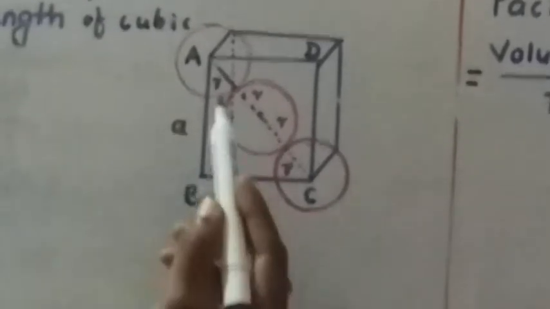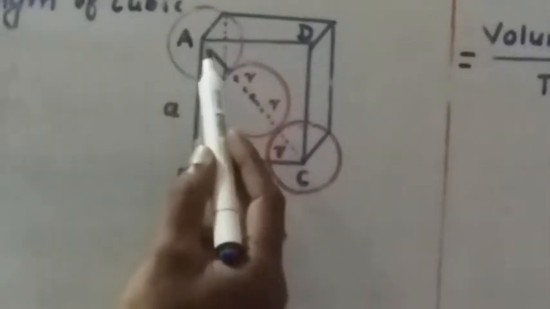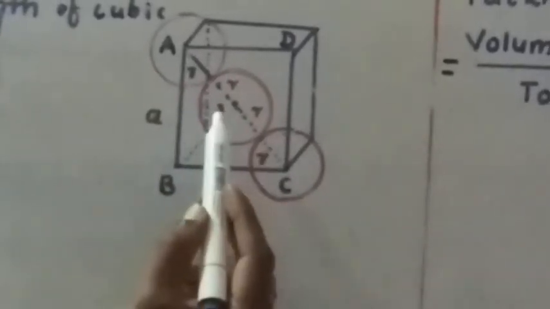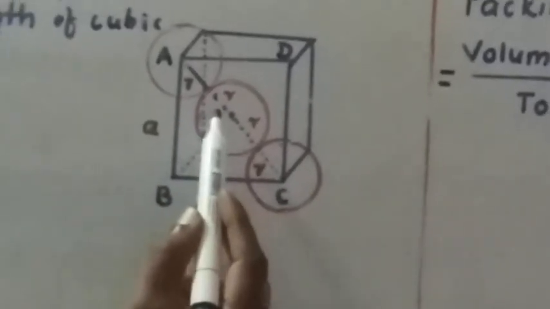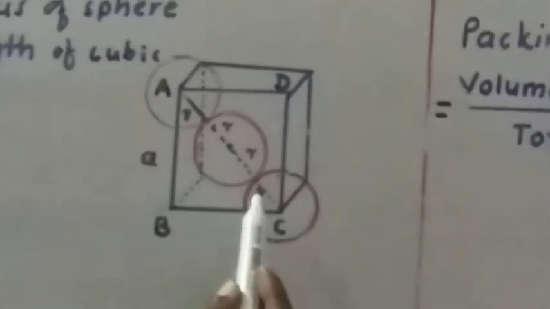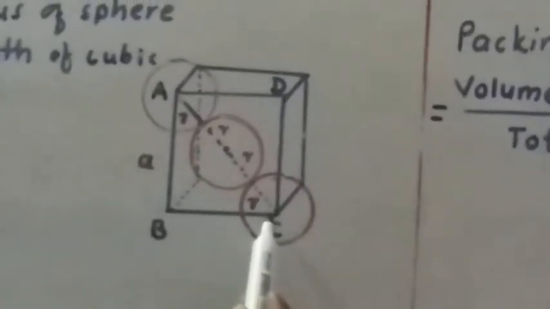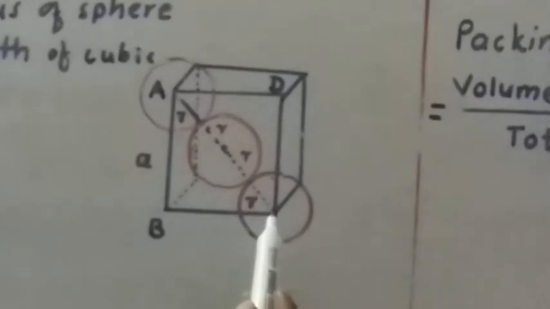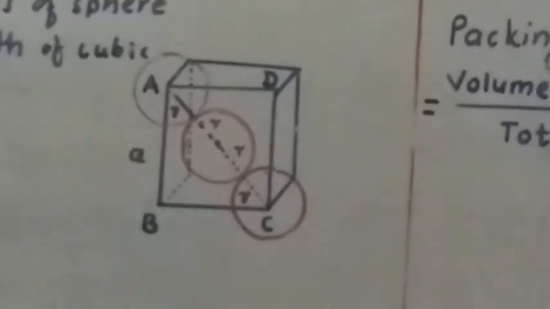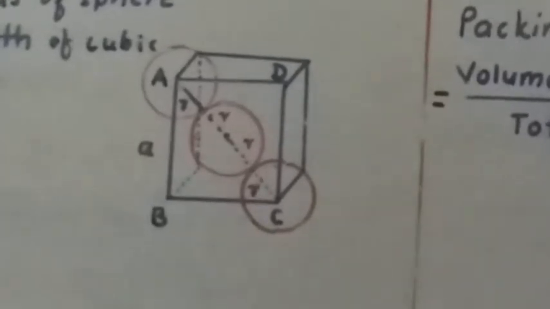So actually 1 by 8 portion of a particle is present at the corner, and at the center of the face half a particle is present, and then 1 by 8 portion of a particle is present at this corner. So, packing efficiency in the face-centered cubic lattice.